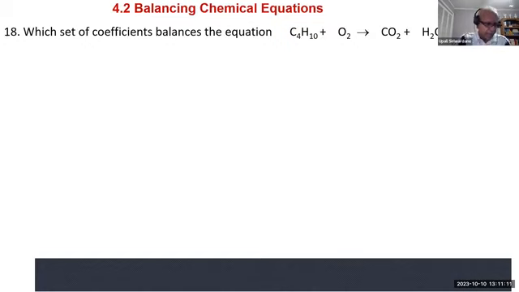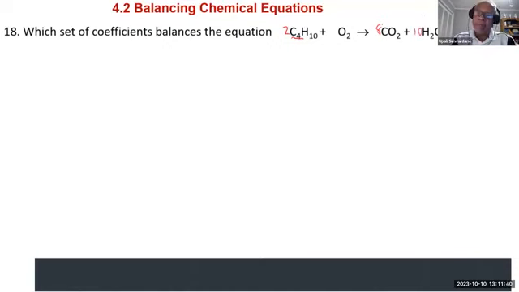For example, this reaction, carbon number is even. You start with the 2 here. Then put an 8 here to balance the carbon. To balance the hydrogen, 10, you put a 10 here.